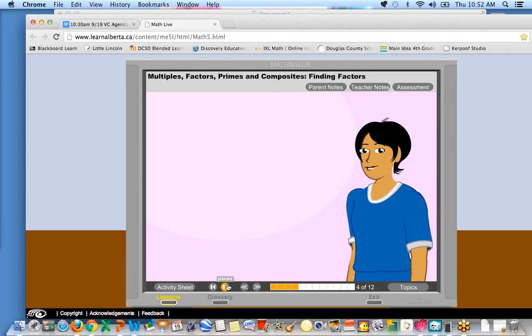To determine the factors of a given number, you can always start with 1 and the number itself. For example, to find the factors of 4, you can start with 1 and 4. You know that 1 is the smallest factor of 4 and 4 is the largest factor of 4. To find the other factors, you can go in order of the numbers in between 1 and 4 and see if there are any other numbers that can be multiplied together to get a product of 4.